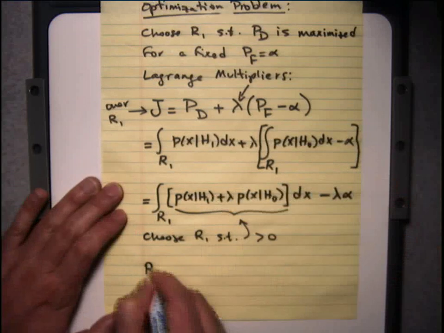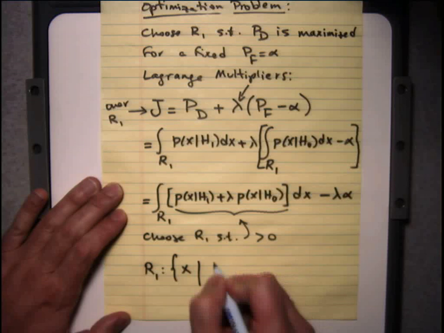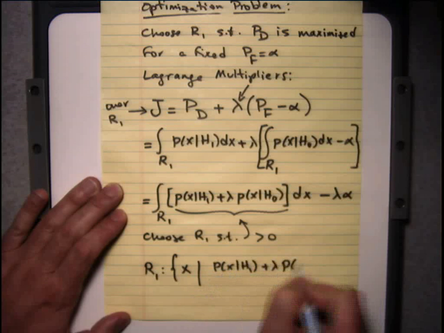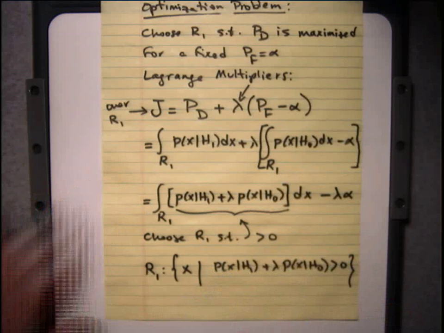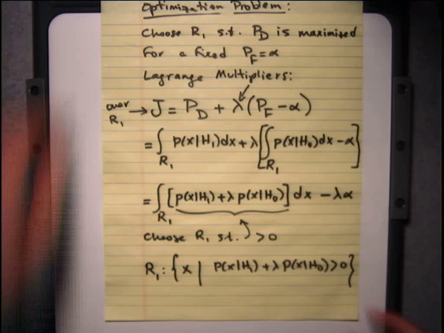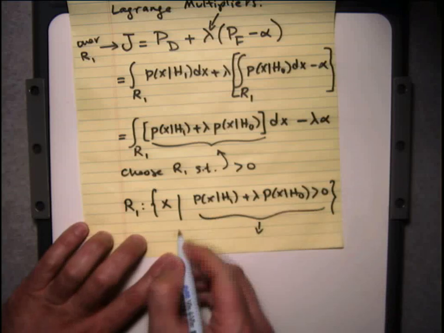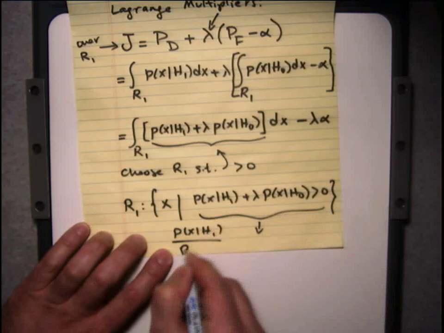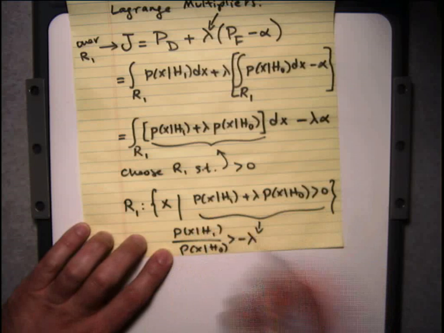You pick R1 to be the set of all x such that p of x given h1 plus lambda p of x given h0 is bigger than 0. This defines the set R1. Another way to write the same thing is p of x given h1 divided by p of x given h0 has to be bigger than minus lambda.